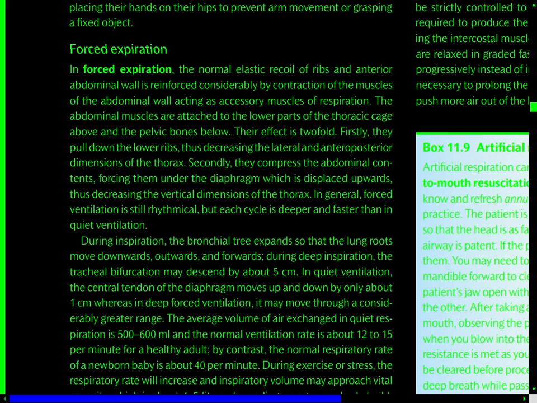In forced expiration, the normal elastic recoil of the ribs and the anterior abdominal wall is reinforced considerably by contraction of the muscles of the abdominal wall, acting as accessory muscles of respiration.